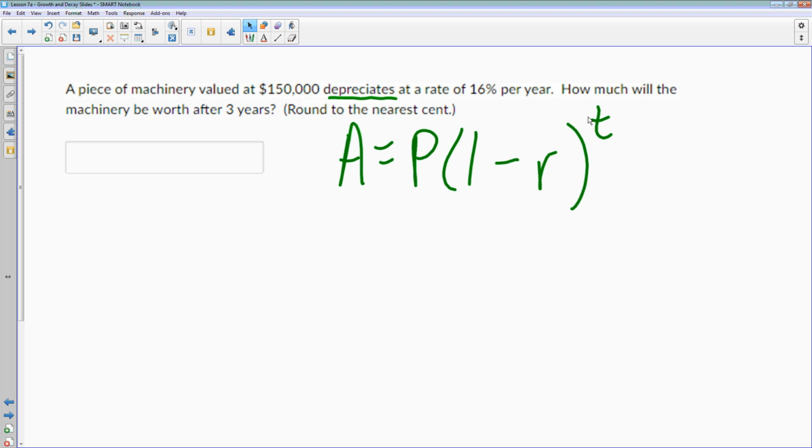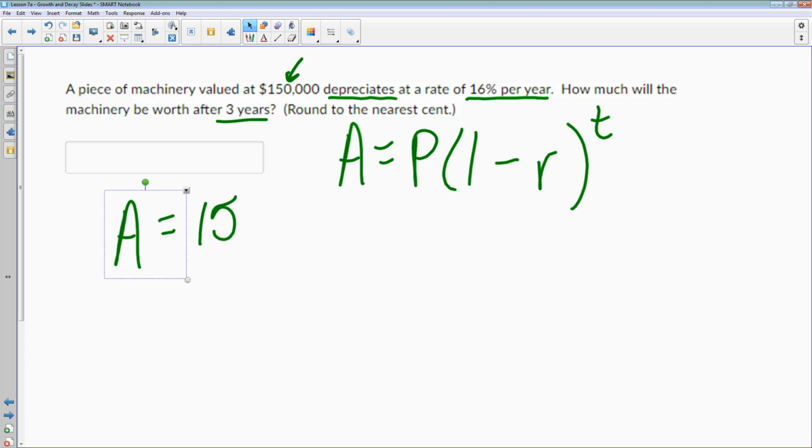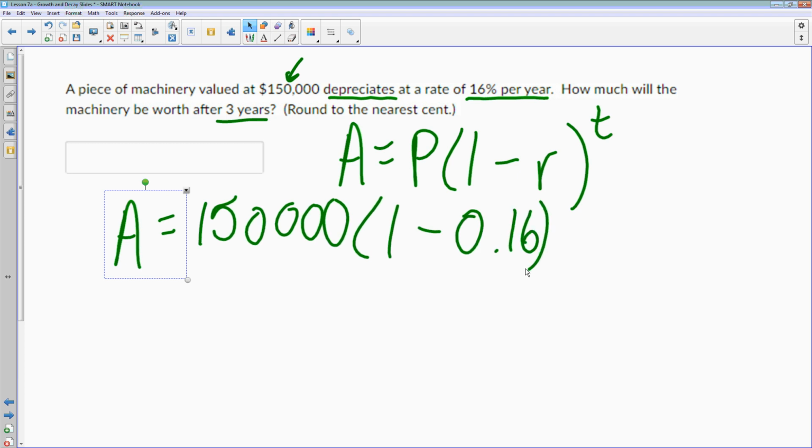So our principal here is going to be 150,000. Our rate is going to be 16%, but we're going to change that to a decimal. And our time is going to be 3 years. So I'm just going to plug and chug here. So A equals 150,000 times 1 minus that rate, so 0.16, to the third power. So we could use Desmos and type this in exactly as is.